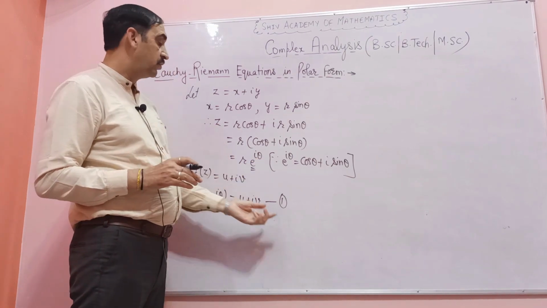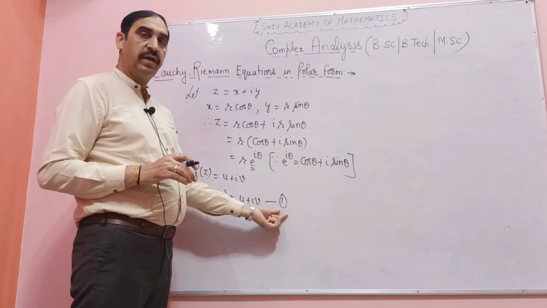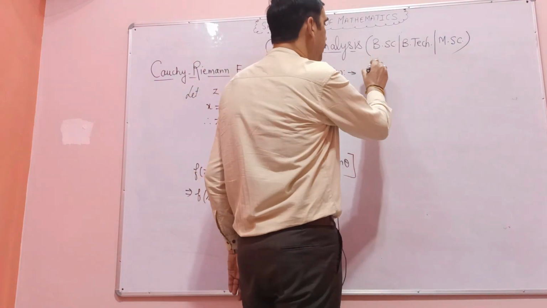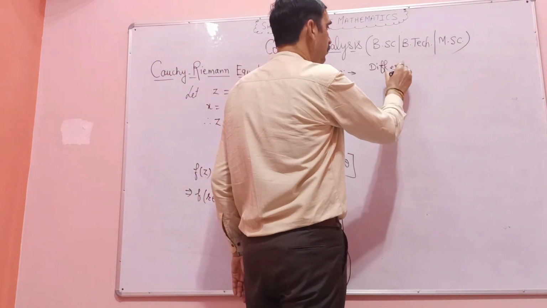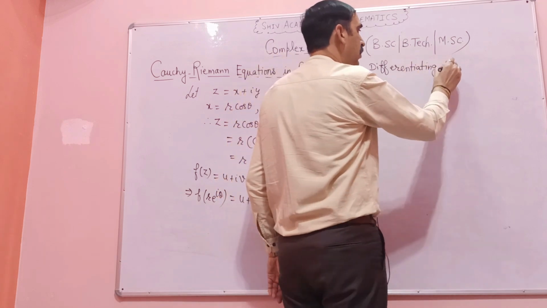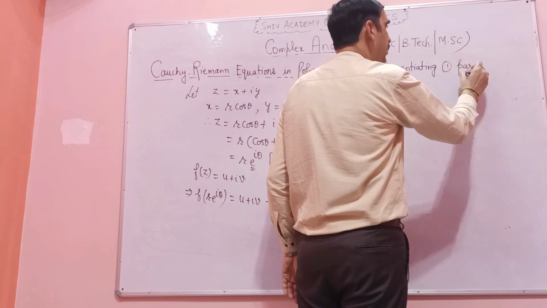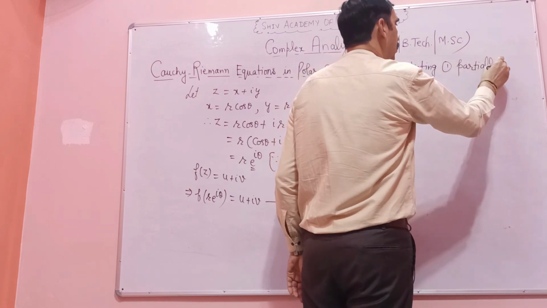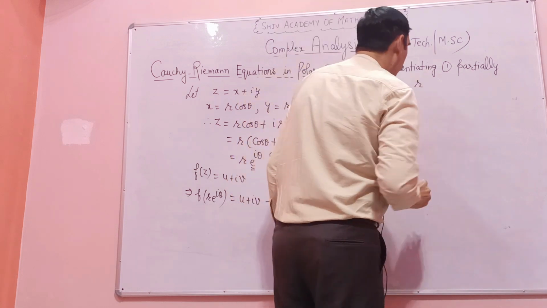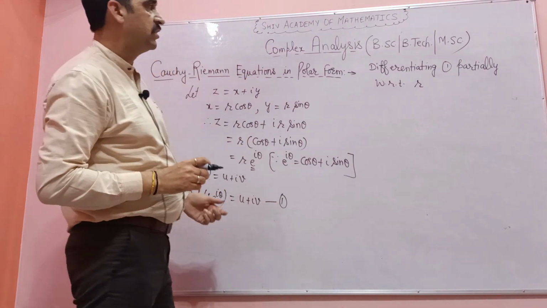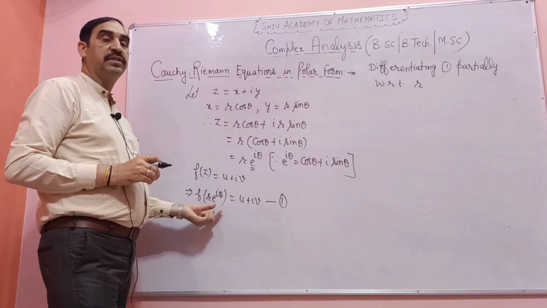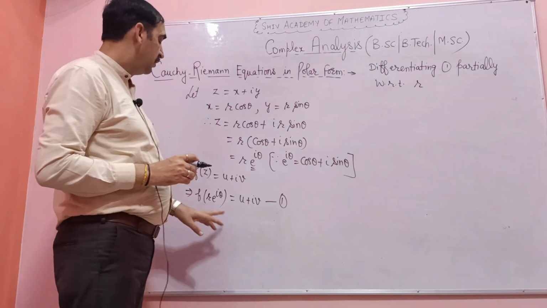So we write, differentiating 1 partially with respect to r. Why are we doing partial differentiation? Because this f is depending on two variables, r and theta. That's why we are taking the partial derivative.